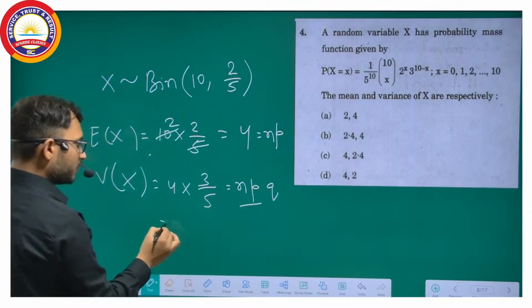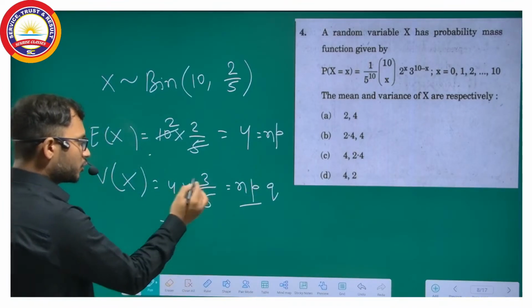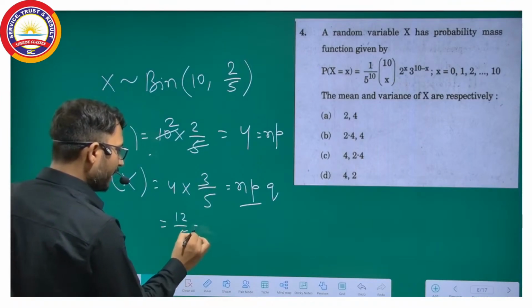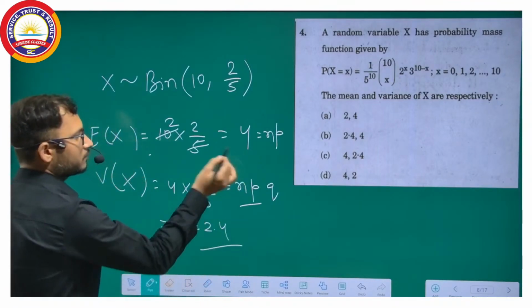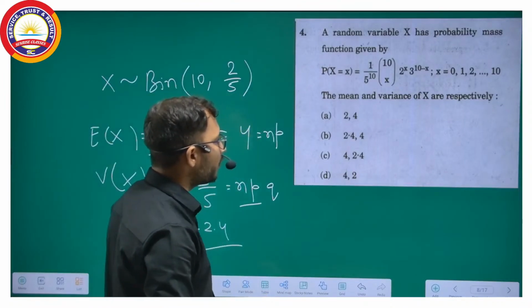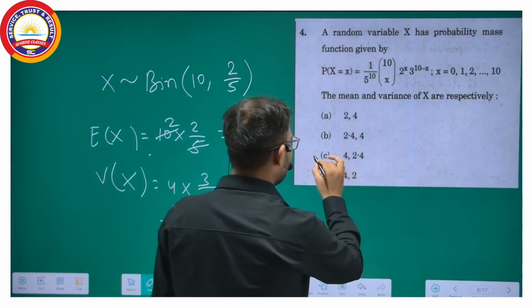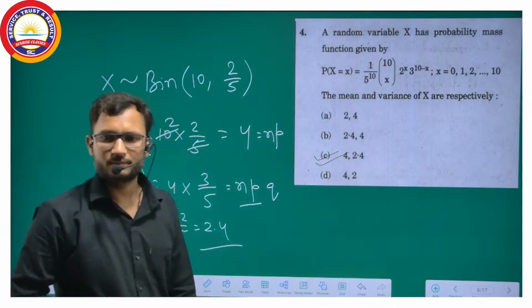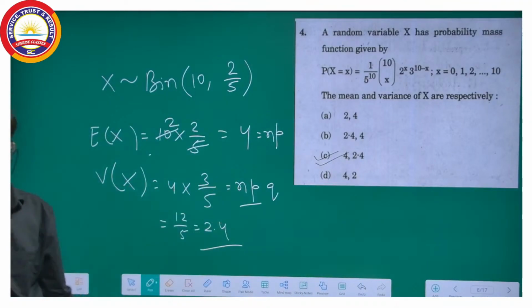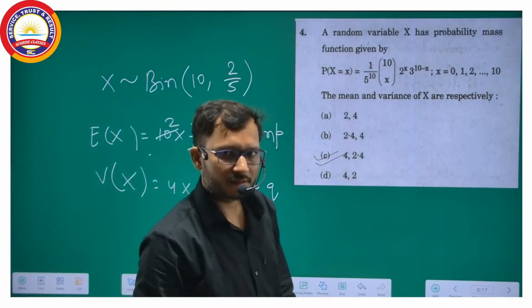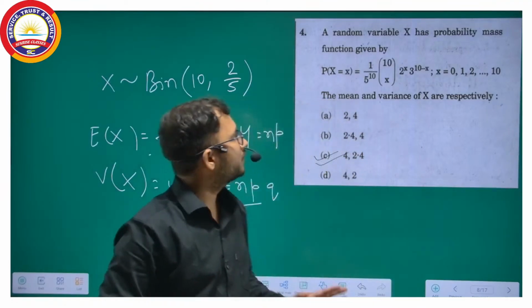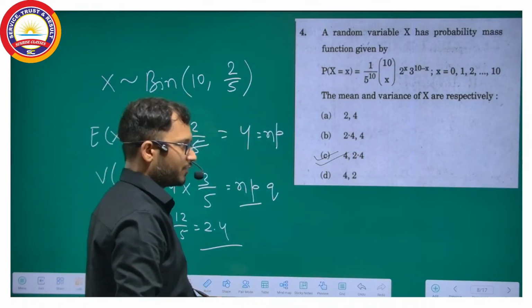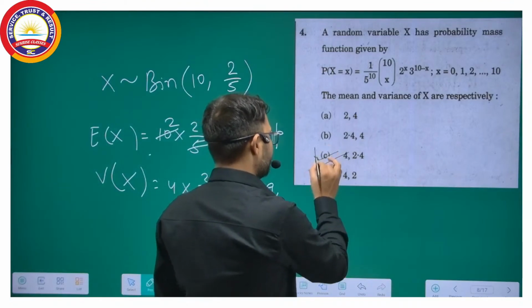So 4 times 3 is 12 by 5, and so this will be 2.4. The answer is 4 comma 2.4, and so the answer will be C. Correct answer is C. So this will be your fourth question, and the correct answer is C.